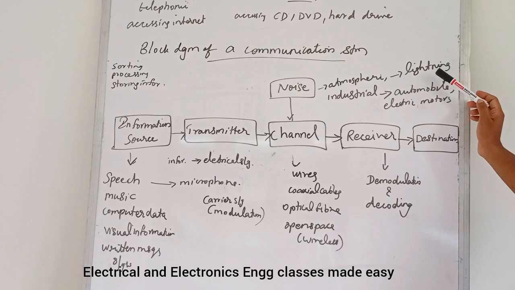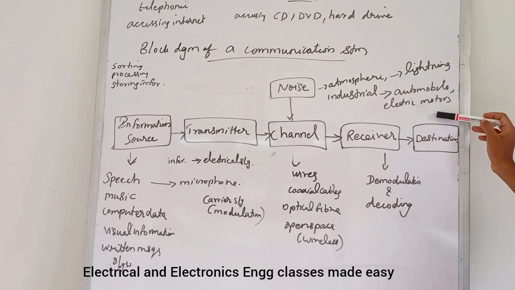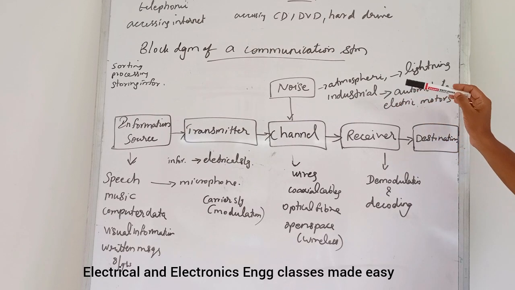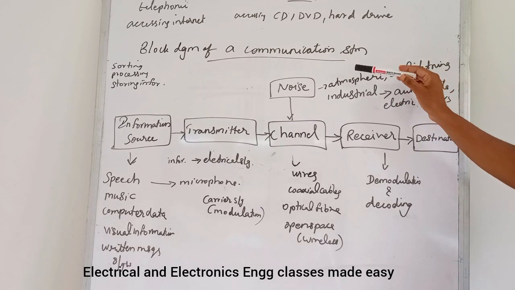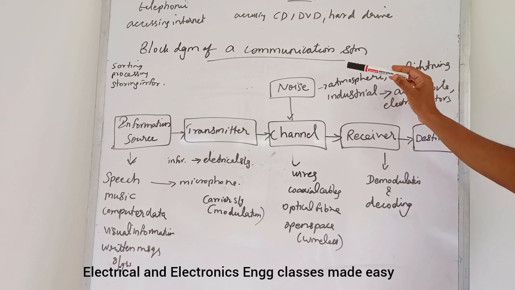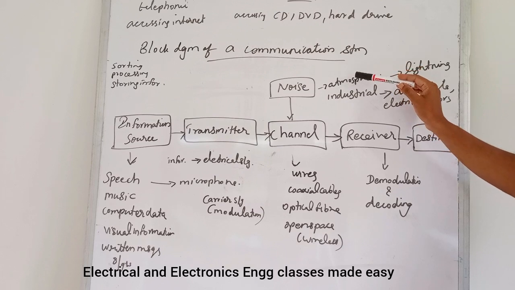The noise generated by lightning is an example of atmospheric noise, and the noise generated by automobiles, electric motors, etc. are examples of industrial noise. Noise is one of the more serious problems of electronic communications. It cannot be completely eliminated.